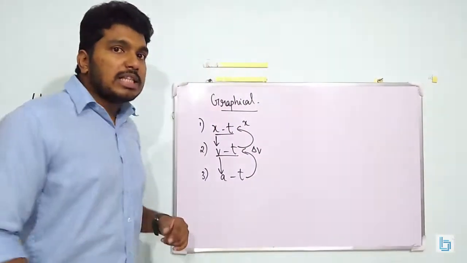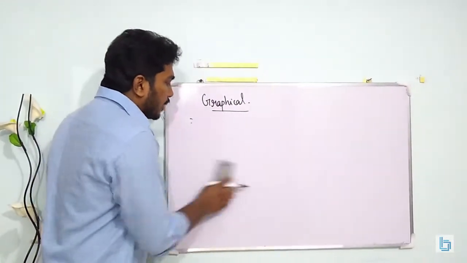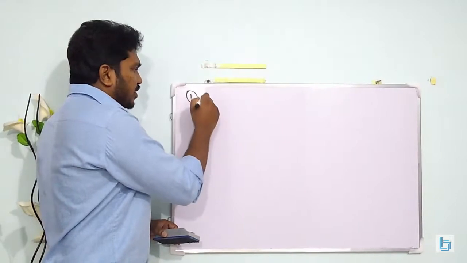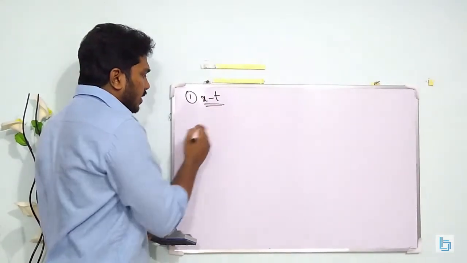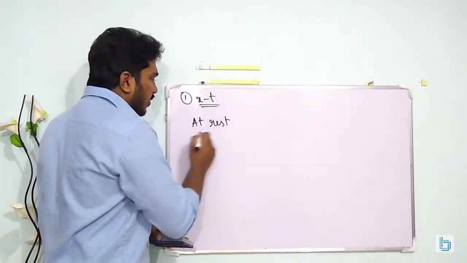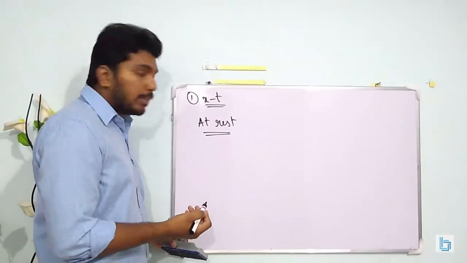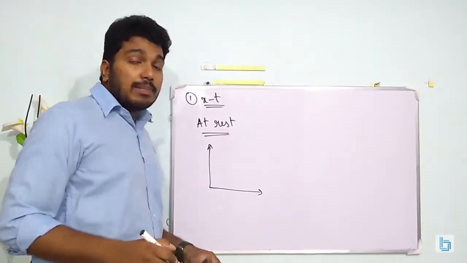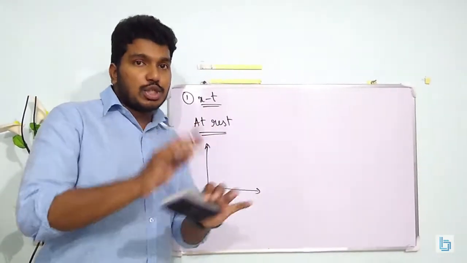The first one we will learn is the position time graph, or xt graph. First situation is when a body is at rest. When a body is at rest, how do you draw the position time graph? A body at rest means that with respect to time, there is no change in the position of the body.